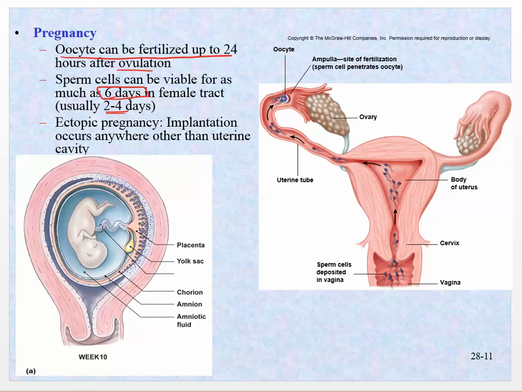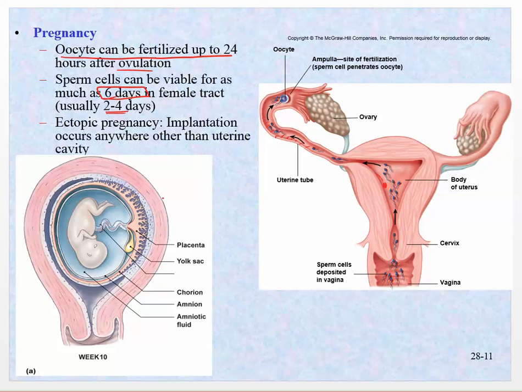Okay, so the sperm can wait, and then once ovulation occurs, there are cilia that will move this oocyte down, and then you will have implantation.